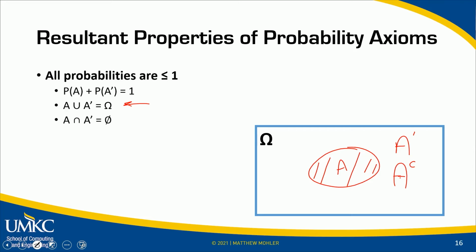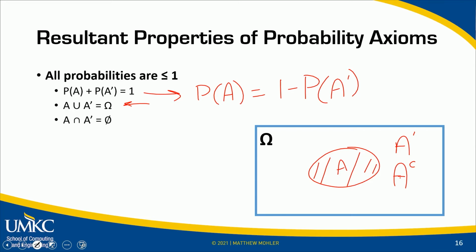Now, logically following from all of these, since we know that the probability of A plus the probability of A complement is equal to 1, we can rewrite that equation to say that the probability of A is equal to 1 minus the probability of A complement.